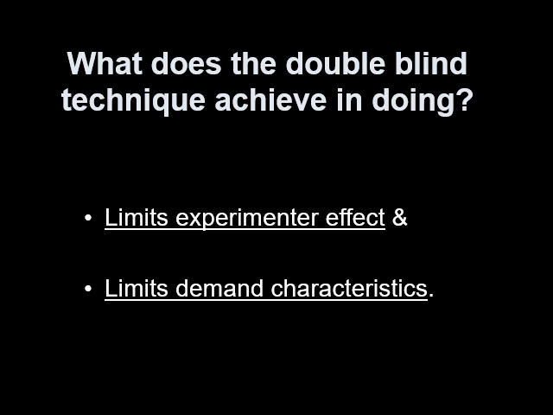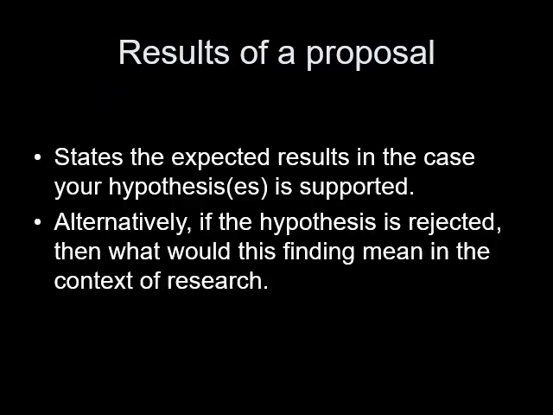It is basically the participants finding out that they are in a special group, such as the treatment or experimental group, and not in the control group, and therefore their behavior starts to change as a result. And that is definitely a big no-no. This is why it's really important to have the double blind technique, to limit the experimenter effect as well as the demand characteristic coming from the participant side.